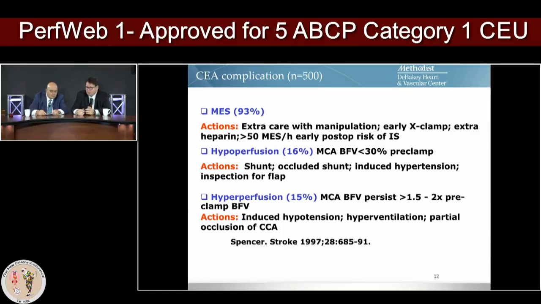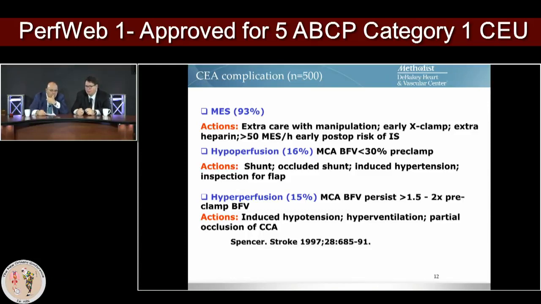And as you can see on this paper from Dr. Spencer from 97, the incidence of hypoperfusion and hyperperfusion is almost similar. The luxury perfusion marker is when the velocity is double, 1.5 times your baseline.